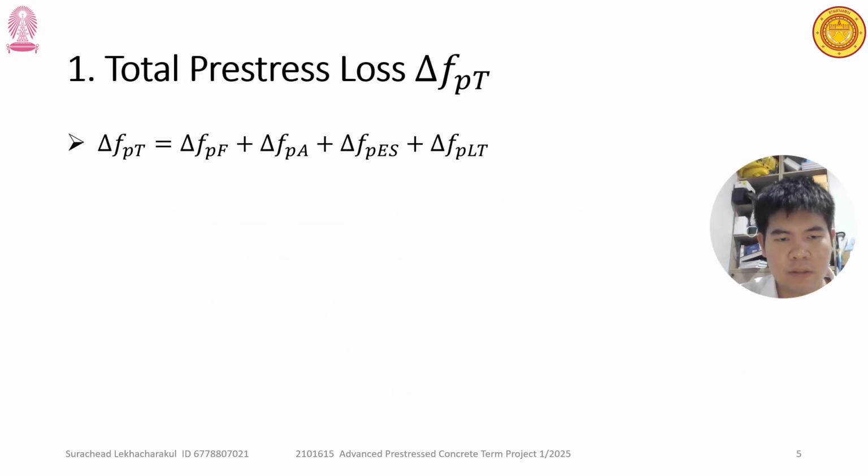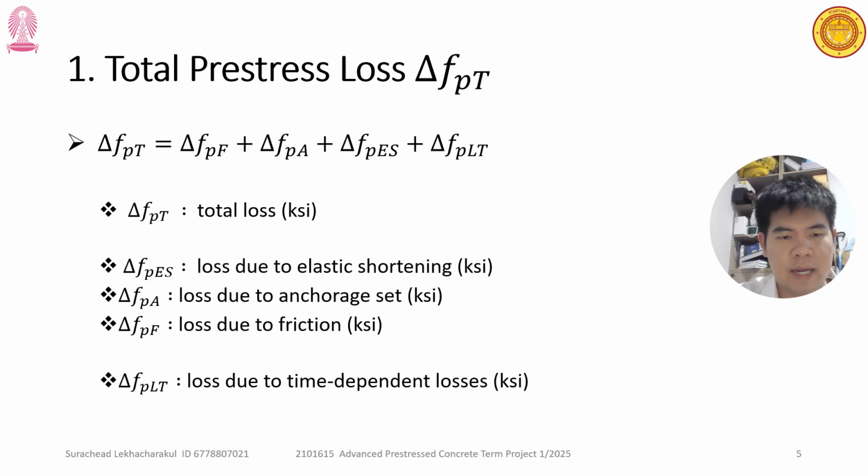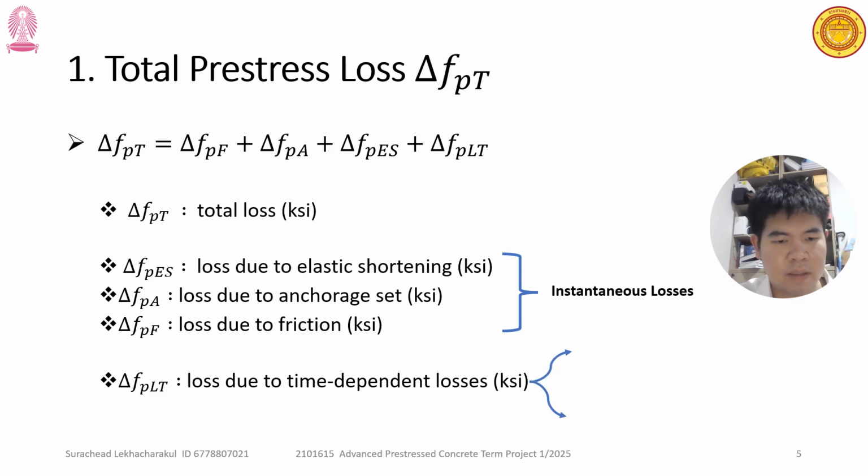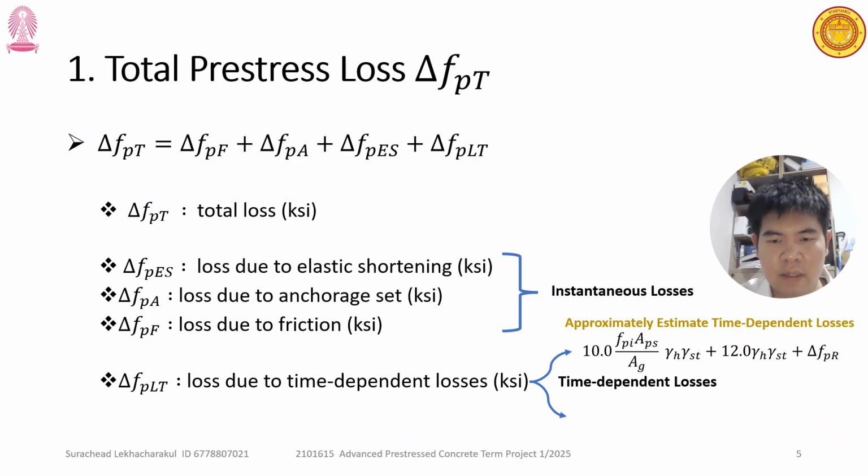For the total loss, I explained already the friction loss, anchorage loss, elastic shortening, and the time-dependent loss. The first three terms are instantaneous loss, and the last term is time-dependent loss, which has an approximate way and a refined way.